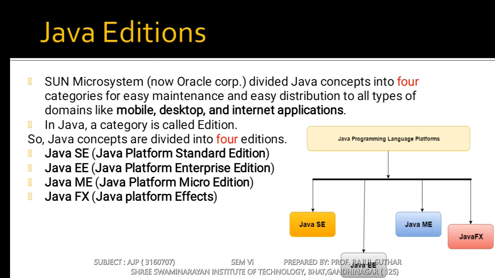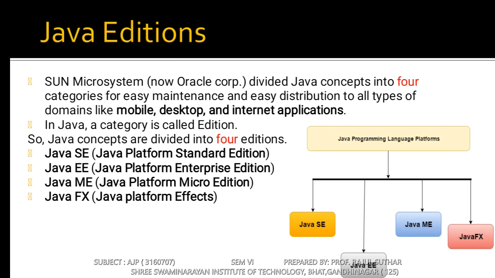Let me look at some Java editions. Java was actually developed by Sun Microsystems, which divided the Java concept into 4 categories. Sun Microsystems has now been covered into Oracle Corporation, and Java is divided into 4 categories.